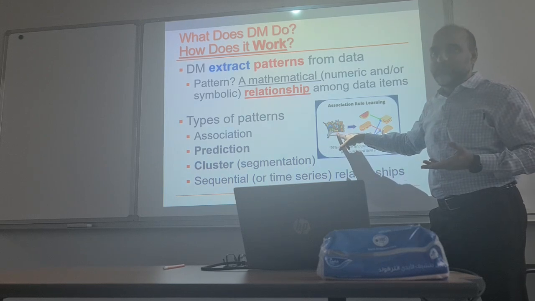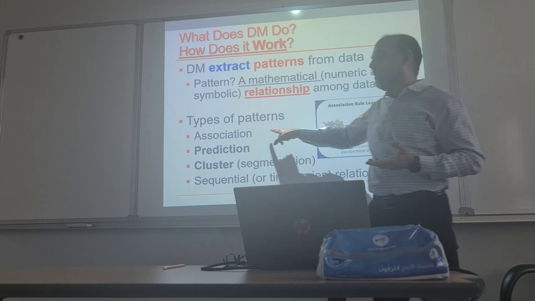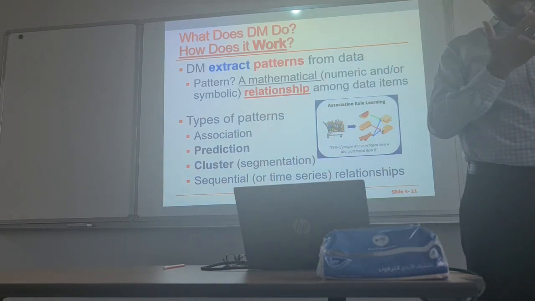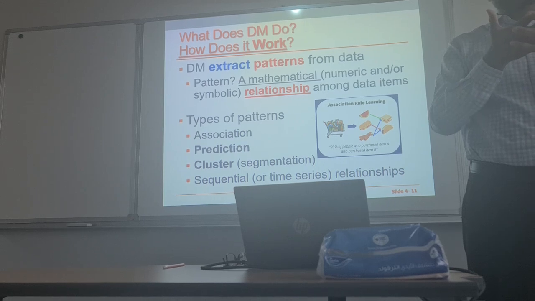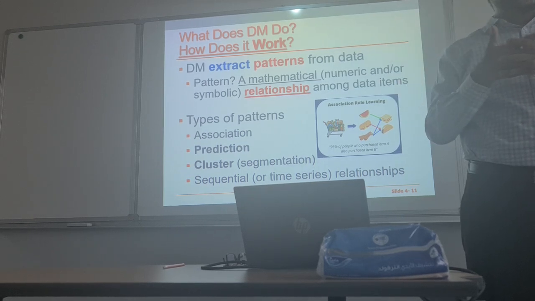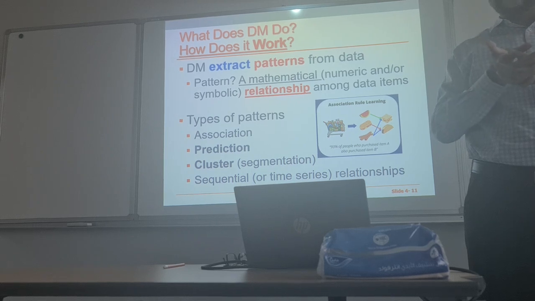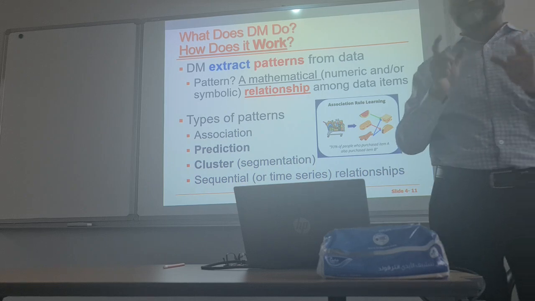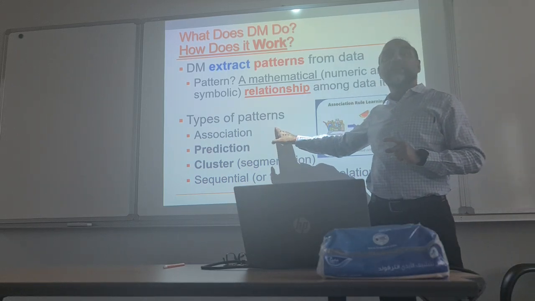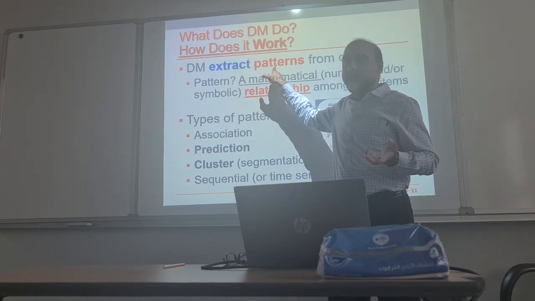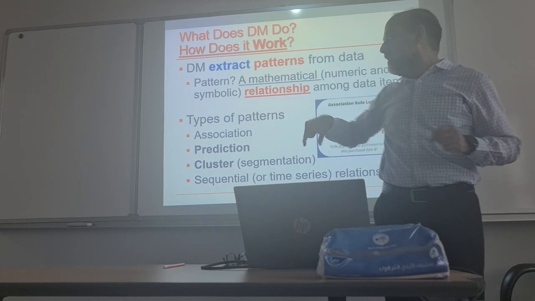Whatever, I'm just trying to say there are relationships that maybe you apparently don't see. When you buy a burger, it's highly likely that you will be buying the fries, the cheese also. So association is a kind of pattern, finding those associations, right?